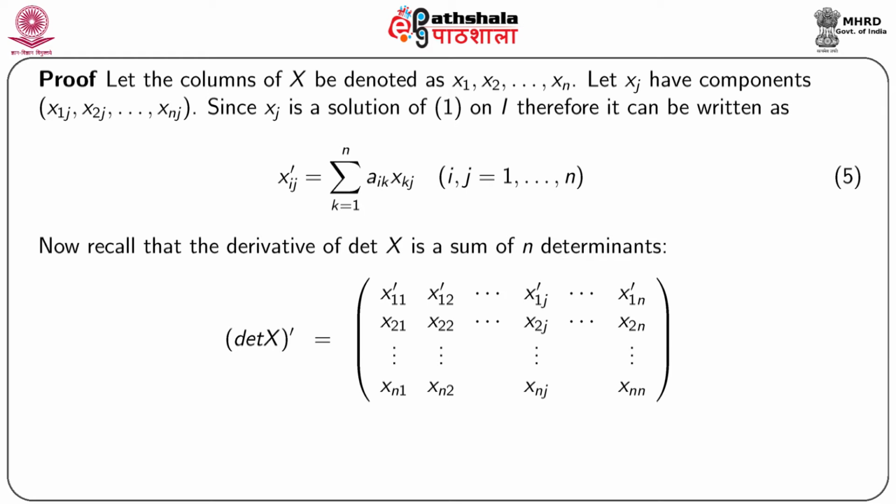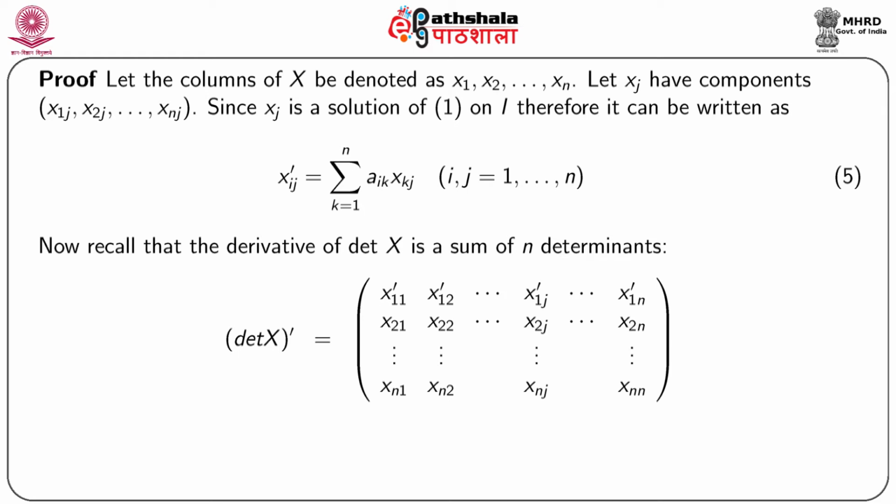Now, we recall a property on the derivatives of a determinant, which says that the derivative of determinant X is a sum of n determinants.